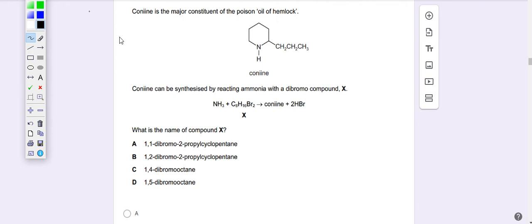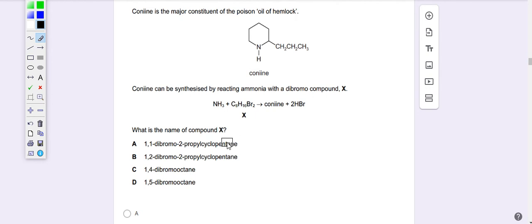Now, I'll start with A. 1,1-dibromo-2-propylcyclopentane. Okay, yeah, I think we do not need to draw this because answer A already contains a cyclopentane.